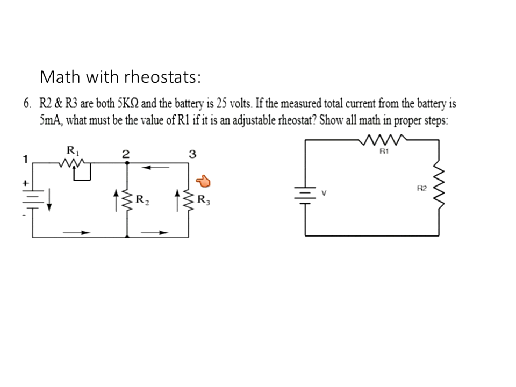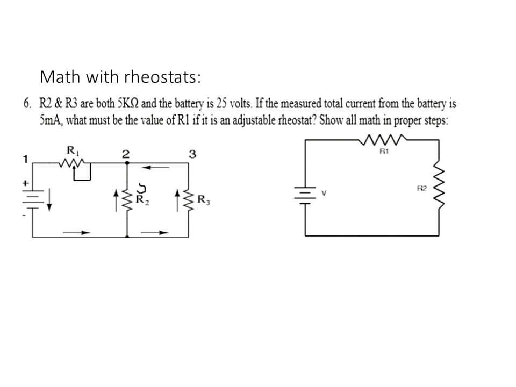Now, let's look at the information that they're giving us here. R1 and R3 are both 5K resistors. So this and this are both 5K. These two are both 5K resistors. Not together, just each one is 5K. Let me write it in there for you.